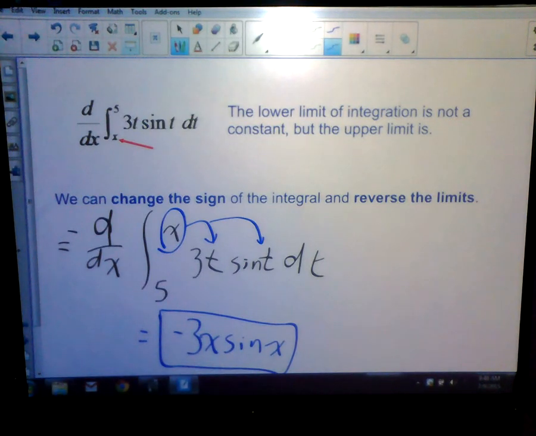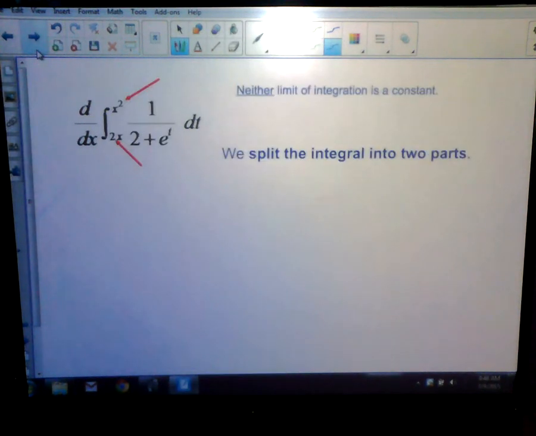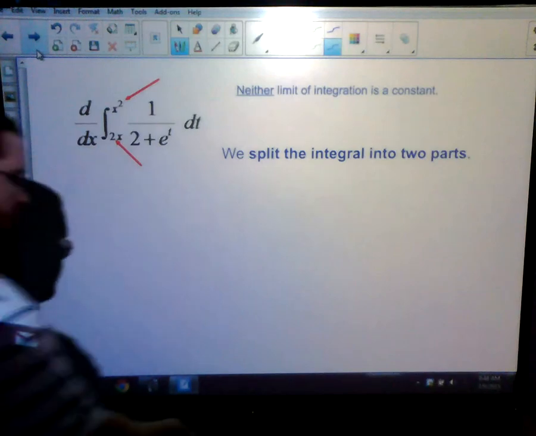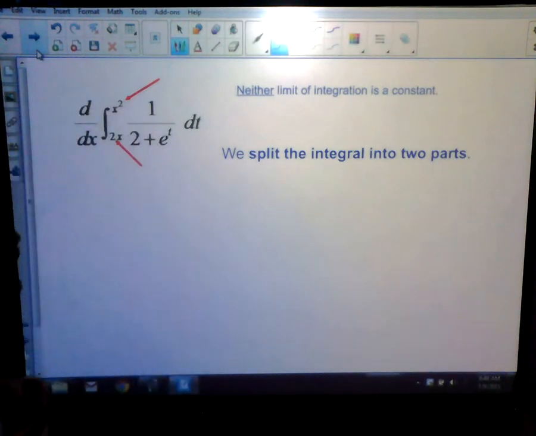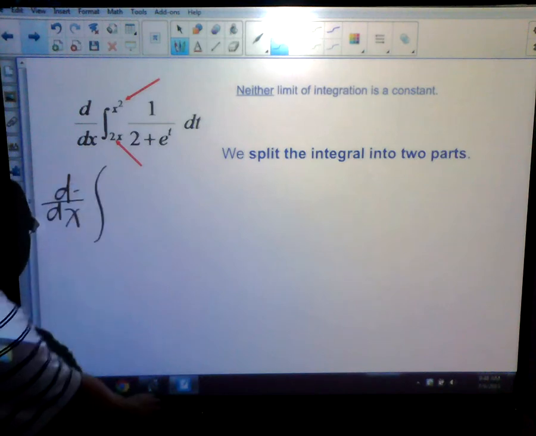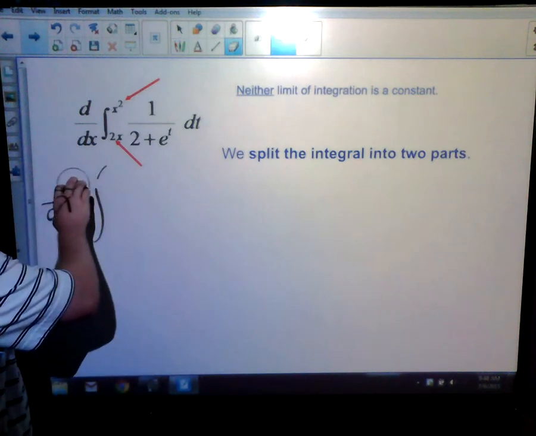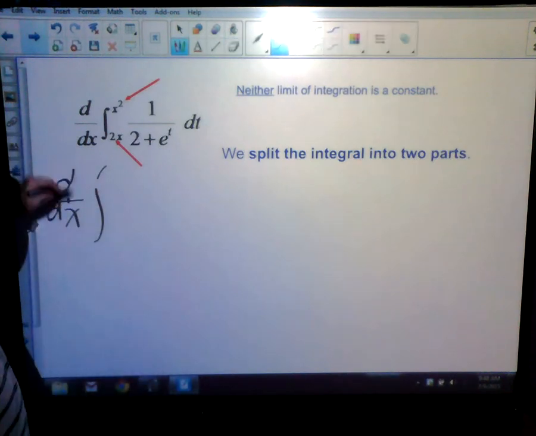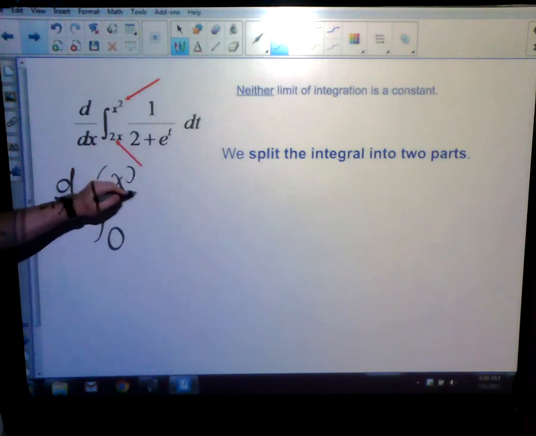So far we've had it pretty easy. We've always had one number and one letter, one variable. But what happens if I have 2 variables? We just split it into 2 problems. I don't know what's between 2x and x squared, so I just pick a number. The number I always pick is 0. So the first thing I'm going to do is go from 0 to x squared.